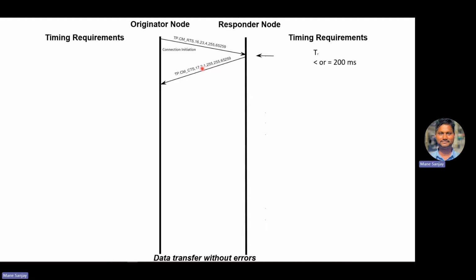So it responds to the originator node saying that 2 packets can be sent at the moment. The third byte is the sequence number, basically the next packet number to be sent. Why is it 1? Because till now, none of the packets is received. The actual data is not received. So that's what the responder is saying: send the first packet, and I want only 2 packets at the moment.